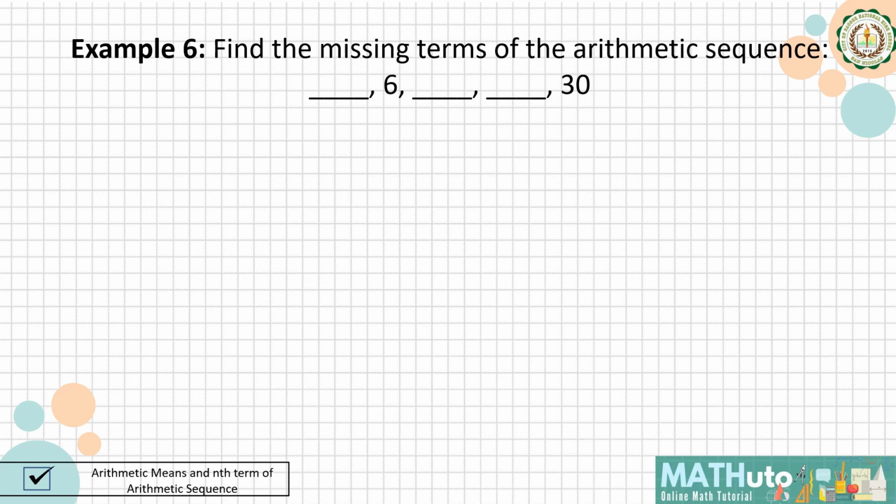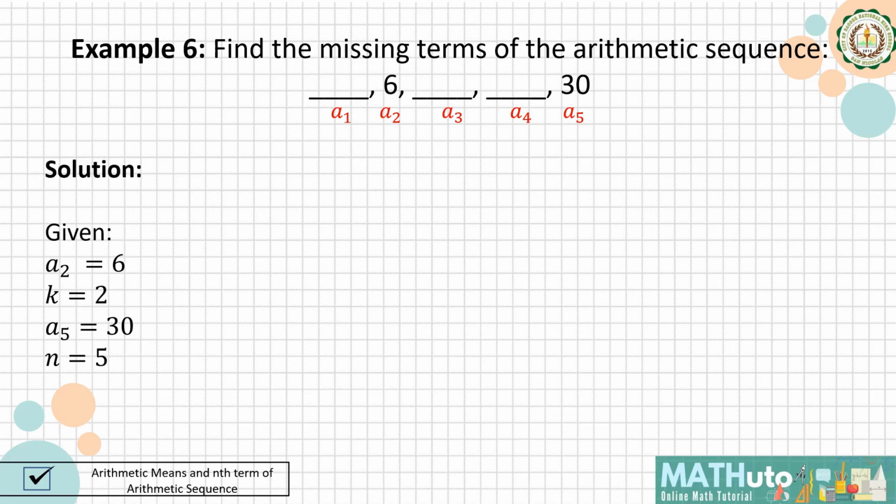Example number 6. Find the missing terms of the arithmetic sequence. We are missing the first term, the third term, and the fourth term. In this sequence, the given a sub 2 is equal to 6, and k is equal to 2. Then a sub 5, or the last term, is equal to 30, and n is equal to 5.